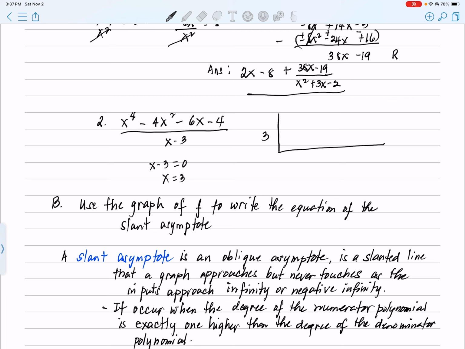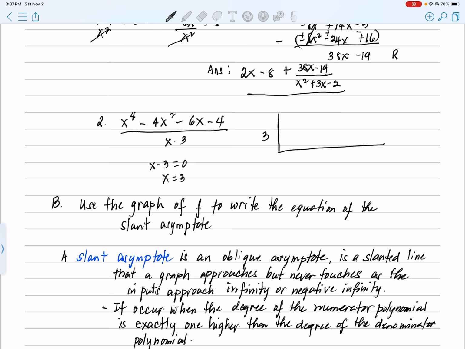Now let's look at our dividend there. X to the fourth, x to the second power, x to the first, minus 4. There's a missing term: x to the third is missing. So we're going to have it as x to the third.